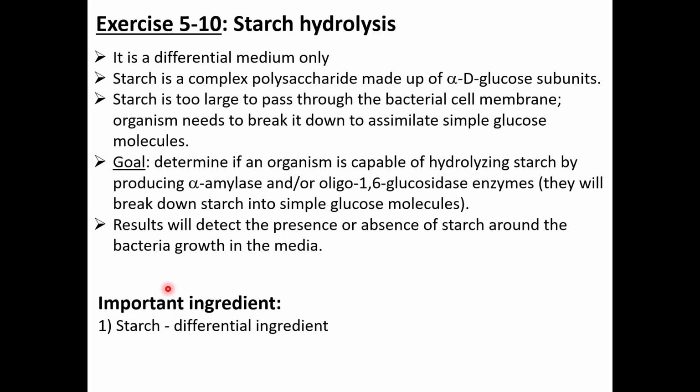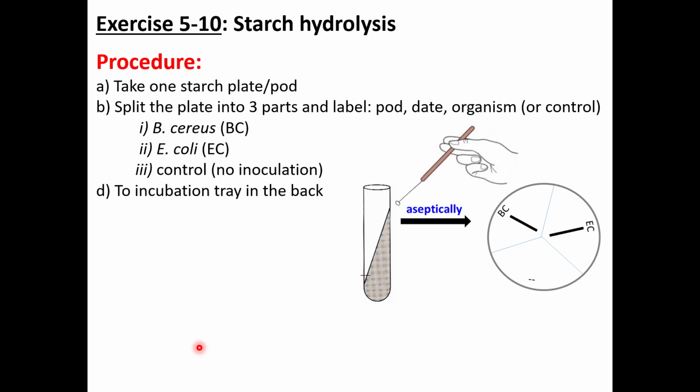Okay, so once the agar is still melted, you can mix starch in it, and it has to be well mixed, because otherwise it can give results that we cannot rely on. So starch has to be well mixed, and then once the plate solidifies again, then we can inoculate on the surface. So starch will be our differential ingredient, because technically anything can grow on this plate, but then we'll find out if the bacteria has the enzymes for that.